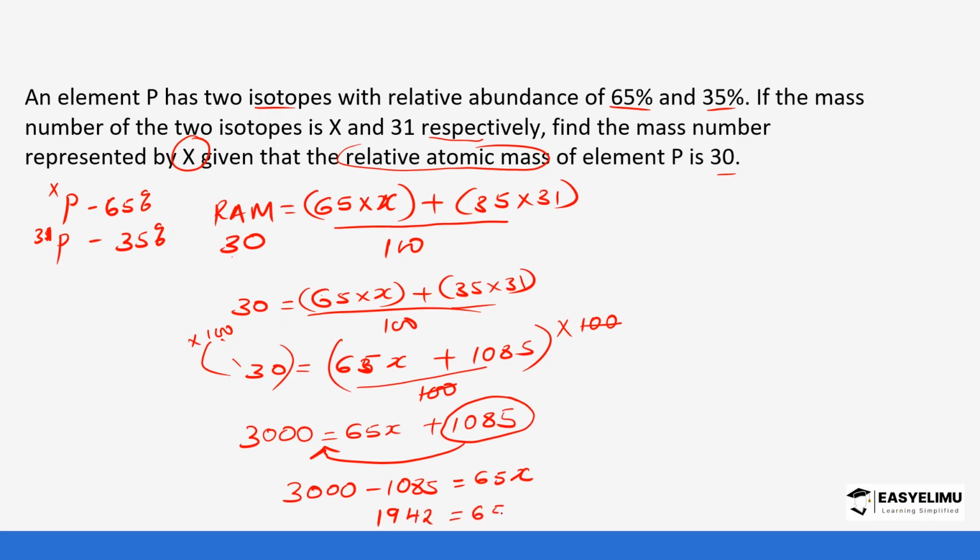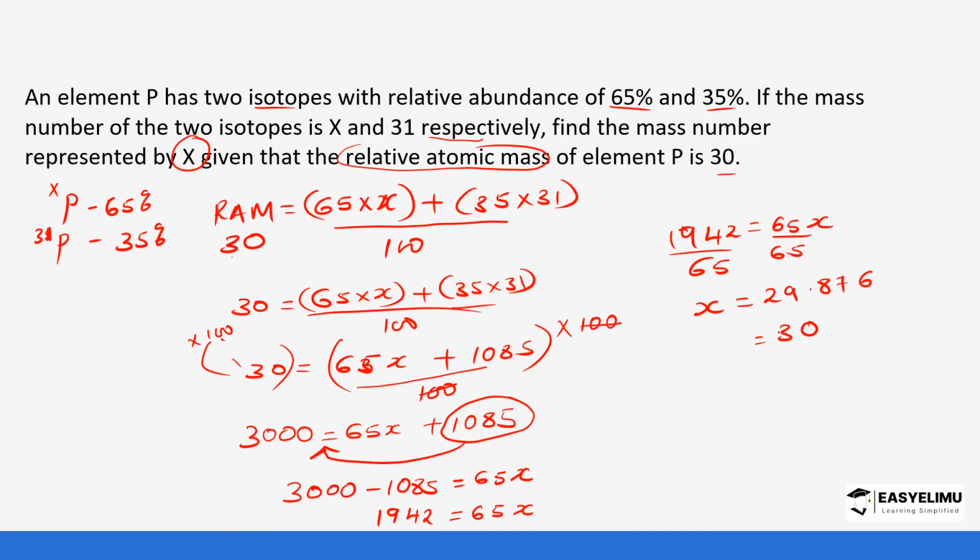So if we simplify this expression to be left with only X on one side, we'll divide both sides by 65 and we get the value of X as 1915 divided by 65, which gives you 29.876, which if you round off to the whole number gives you 30. So the relative atomic mass is 30.